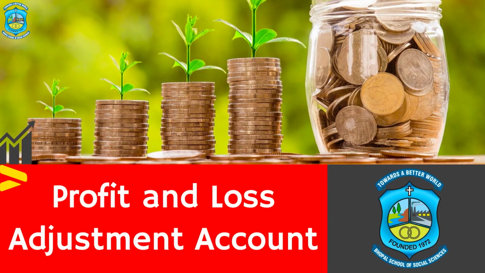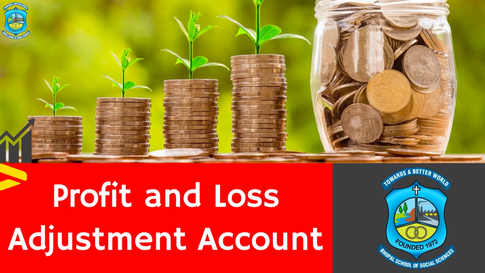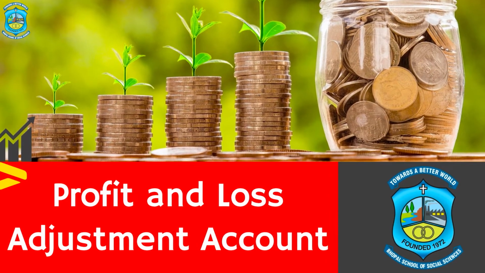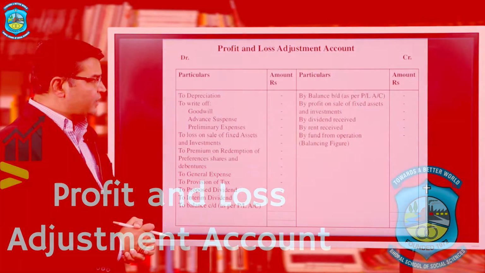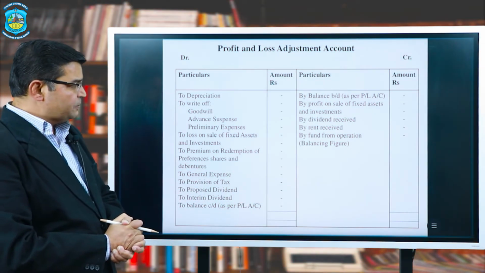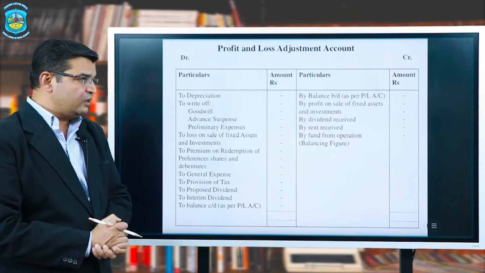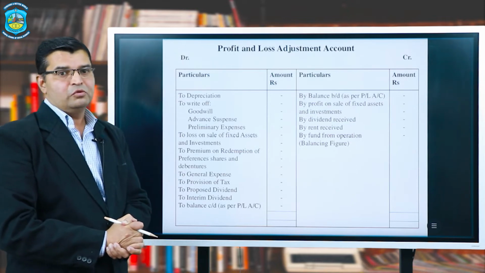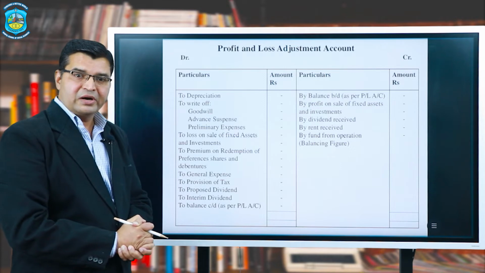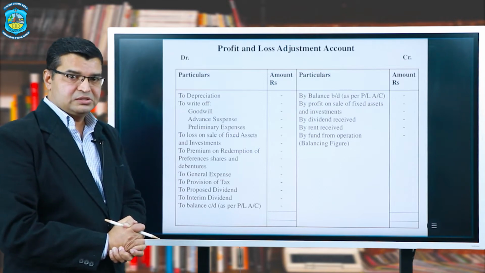Now the second most important table is called profit and loss adjustment account. The basic purpose of preparing this is to find out whether we are generating funds from operation or we are losing funds in operation.